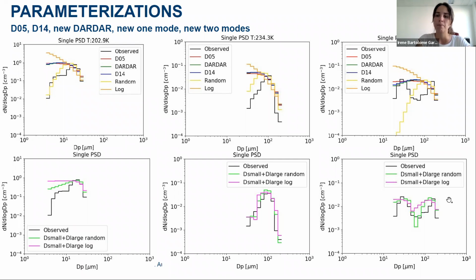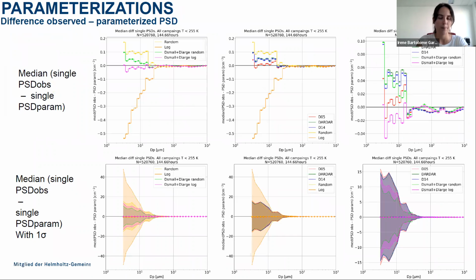But in order to have a better view of which one fits better, what we did was take these single PSDs and compute the difference between the parametrized and the observed PSD. Those results are in this slide.